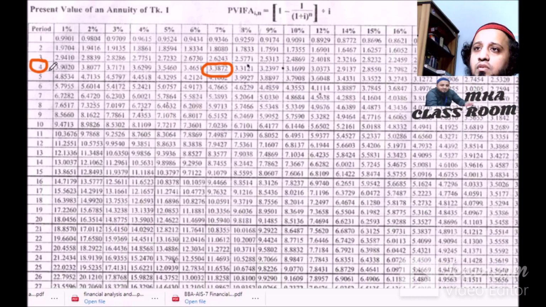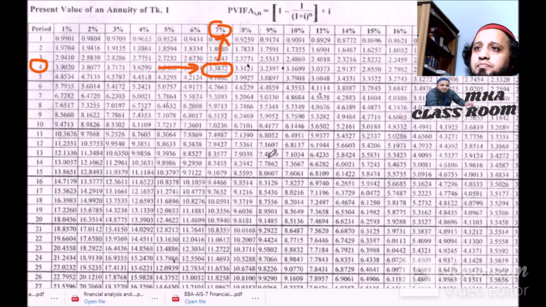If we try to find our value 3.387 in here, our desired interest rate is 7%.